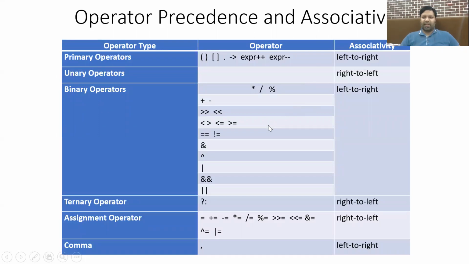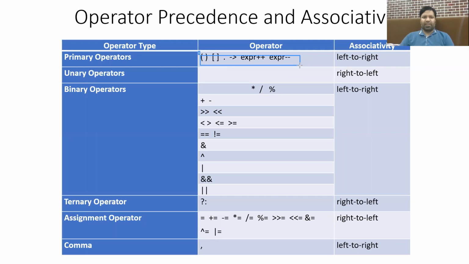Operator precedence and associativity. Now if you have an arithmetic expression with multiple operators used in a single expression, then which will be the first to be evaluated? That is decided by the precedence of the operator. And you can see that a total of 6 types of precedence have been defined, starting from the top, which means the highest precedence. So the operators that have the highest precedence in the C programming language are given here.